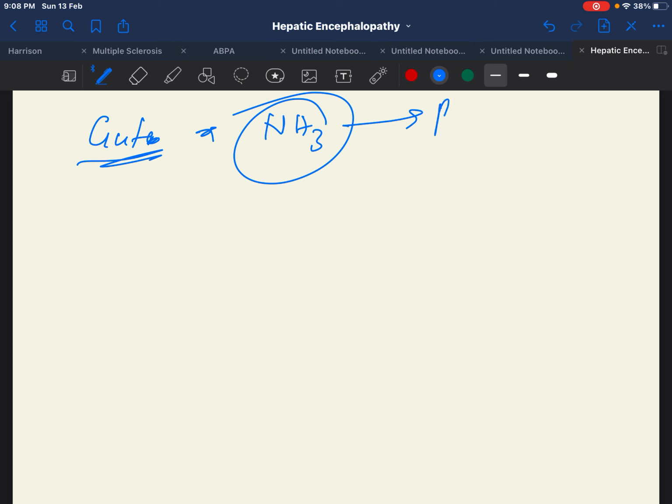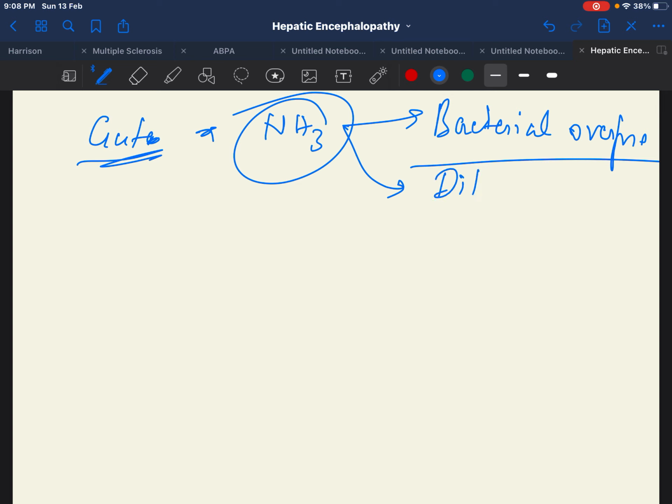Due to bacterial translocation or bacterial overproduction, ammonia-producing bacteria are increasing. And again, dietary proteins are degraded, which again releases ammonia.